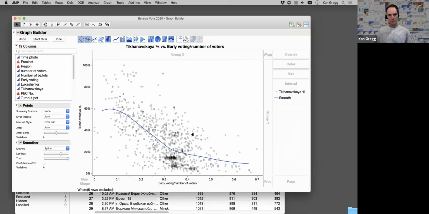I was interested because of the way the different smoothers pick it up. So here's a spline, and you can tell there's a bend in the slope. But that's not too surprising, because it can't keep going past 0, so it's going to start leveling out. So the spline is not really being that informative, I don't think.